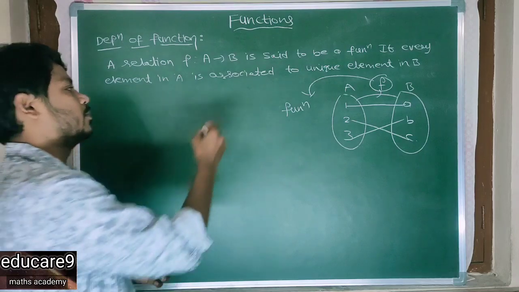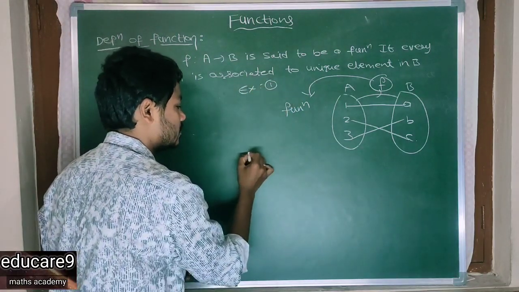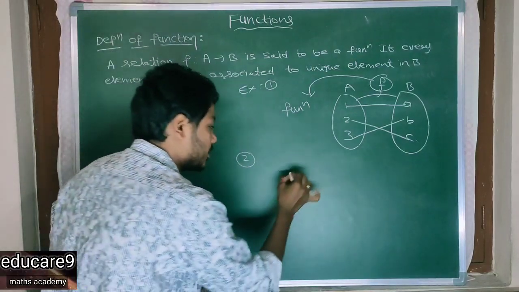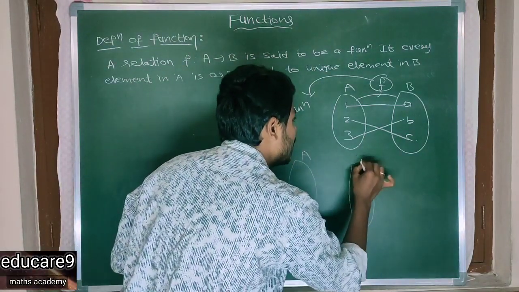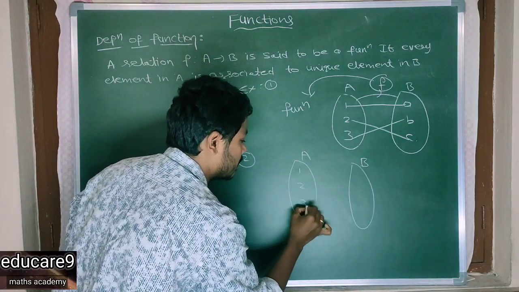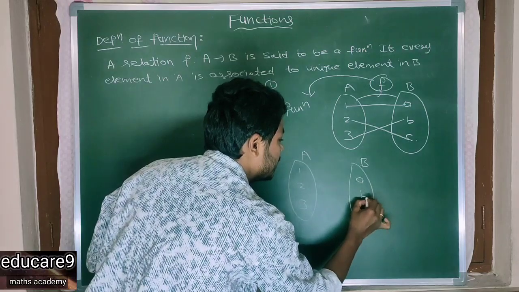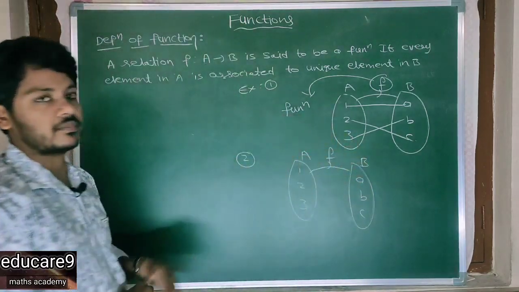One more example. A and B are two non-empty sets. Take the same examples: 1, 2, 3 and A, B, C. The relation is here.